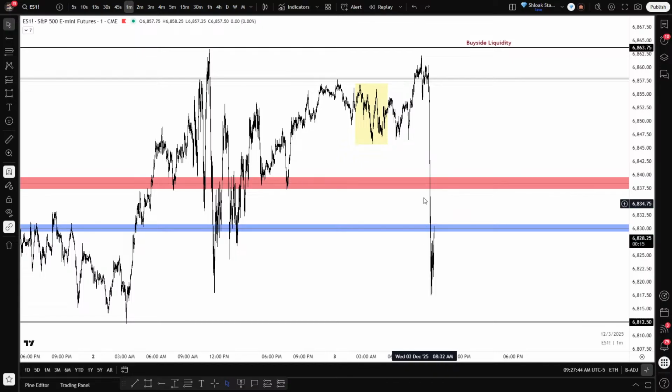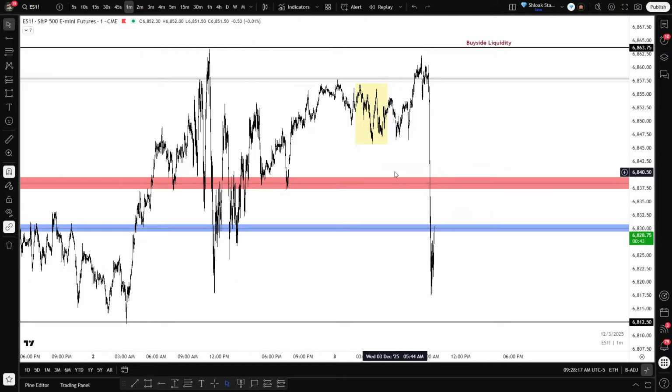So now I'd expect it to come back up a little bit more, and then not touch that sell side right away. But that's just me being contrary to everything, sticking with the idea that it's going to return back into the range. So there's a gap over here in price, and it could come inside this candle's gap. It's probably really hard for you to see, so right here.